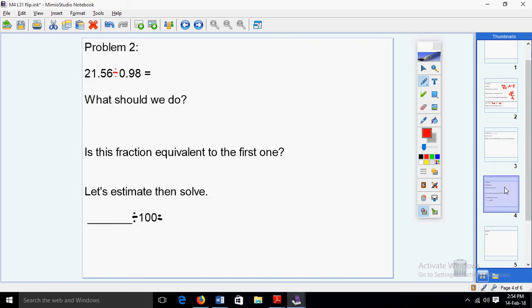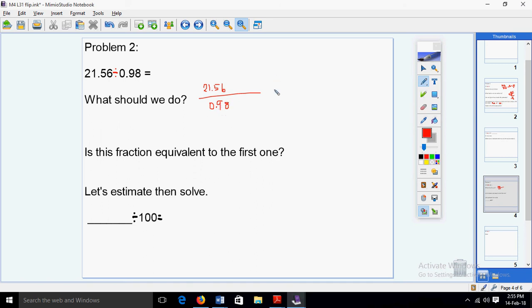So let's look at this one. We have 21 and 56 hundredths divided by 98 hundredths. Okay, so what should we do? Let's turn it into a fraction. So we have 21 and 56 hundredths over, whoa, that's really big, 98 hundredths. I want to get it into a whole number on the bottom.